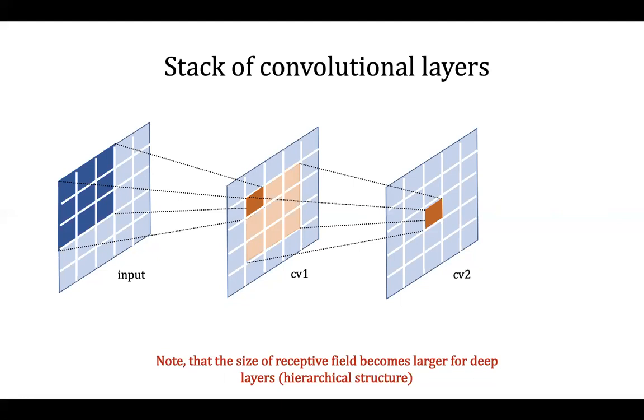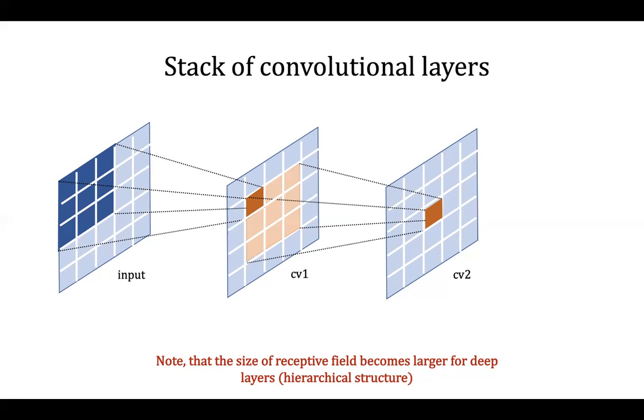For example, here we can see some input, and we have convolutional layer 1 and convolutional layer 2. The neuron in convolutional layer 1 is connected to a small patch in the input. The neuron in convolutional layer 2 is connected to all of this square, all the neurons in convolutional layer 1.